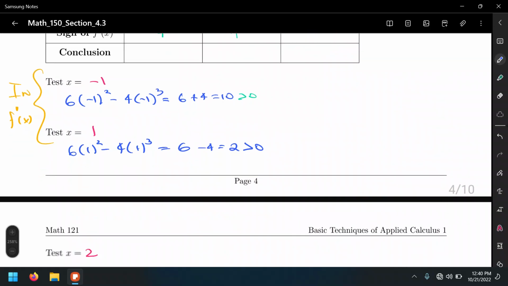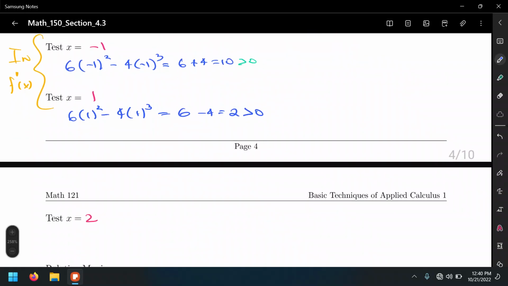And testing the third: 6 times 2 squared minus 4 times 2 cubed. So 2 squared is 4, 4 times 6 equals 24, and 2 cubed is 8, times 4, that's -32, and 24 minus 32, isn't that -8?